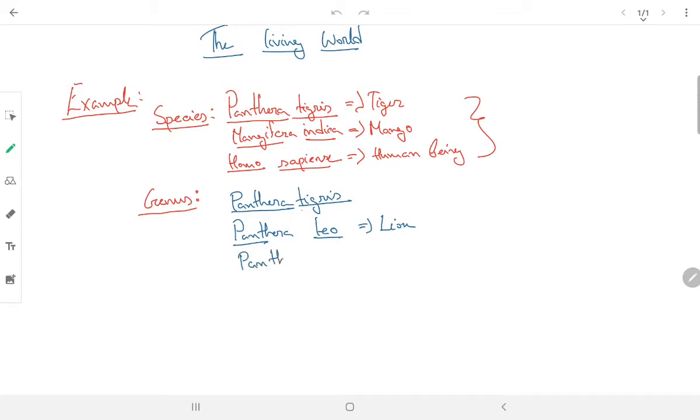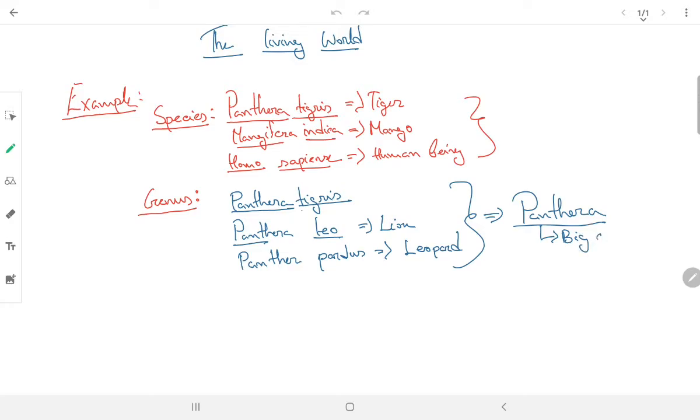Panthera pardus. This one is leopard. All these are species and they are similar. Together they make a genus. The genus is called the Panthera genus. This is also known as the big cat family, the wild ones.